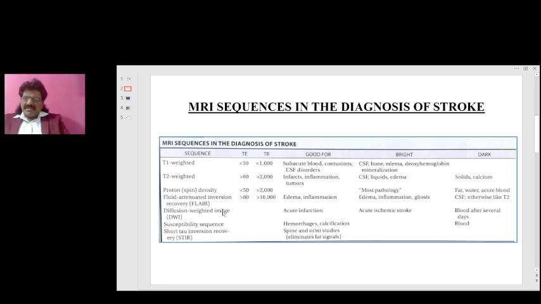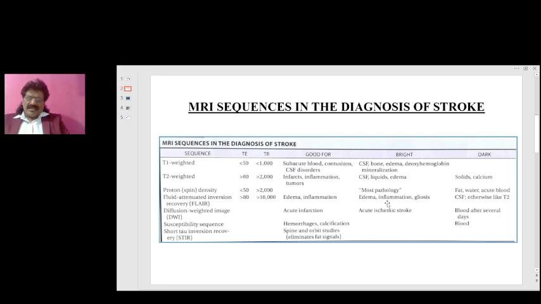But if the person presents with stroke very early, the sequence which can pick up stroke very early is the diffusion weighted imaging. So it is useful for acute infarction. So any person who's coming with stroke within a few minutes, the best sequence is DWI, diffusion weighted imaging, which is very good for acute infarction.